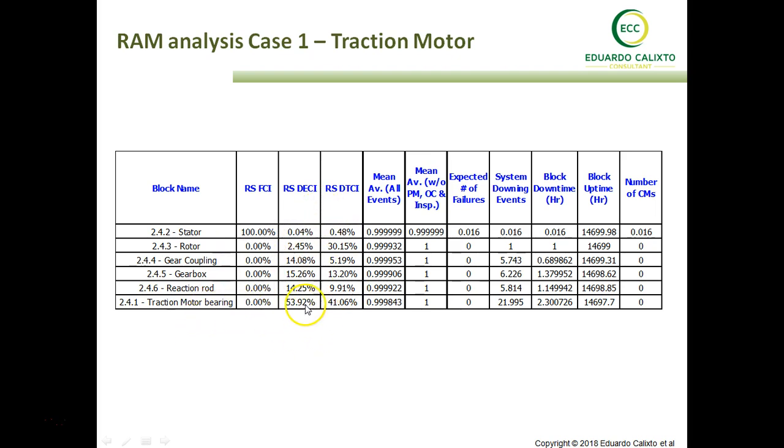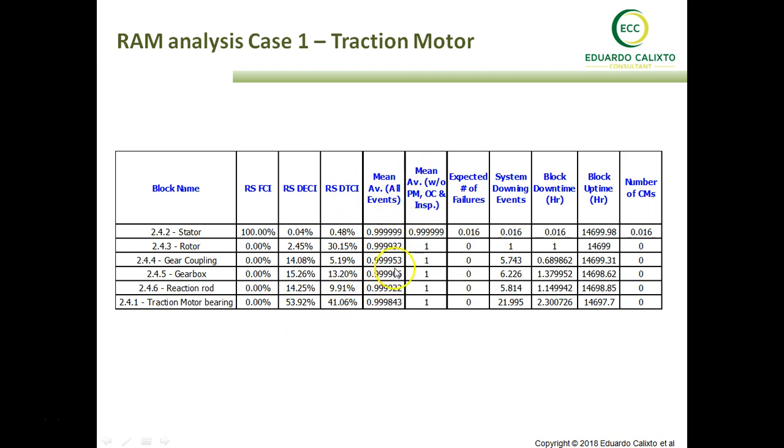So the bearing is the one that has the highest number of shutdowns, and considering the downtime, also the bearing is the one that has the highest percentage of downtime caused by preventive maintenance inspection.